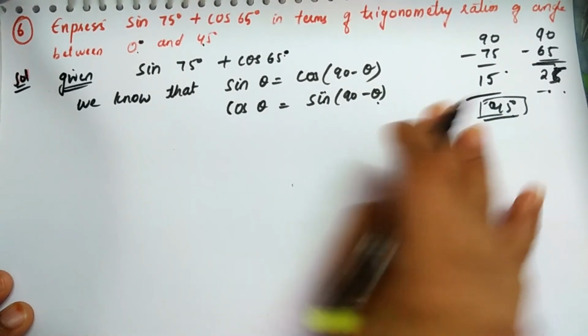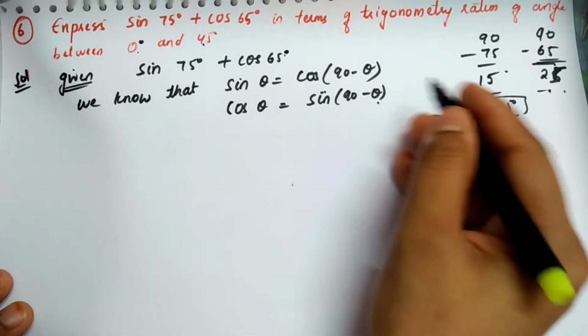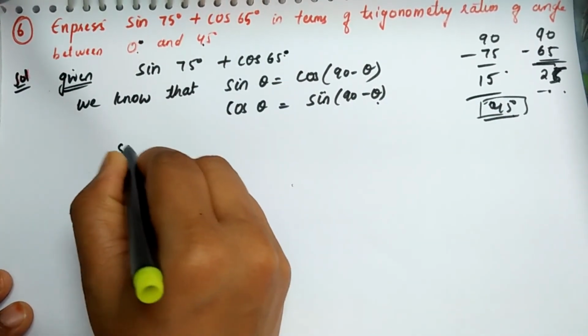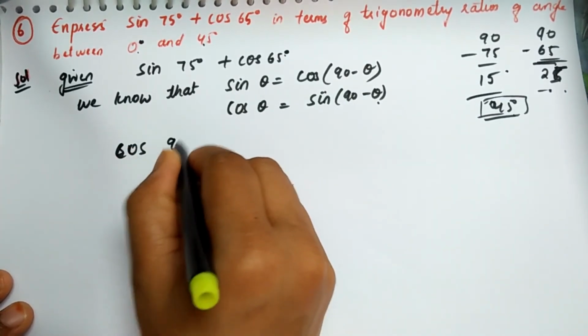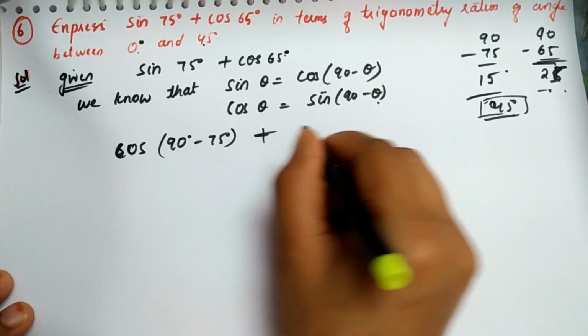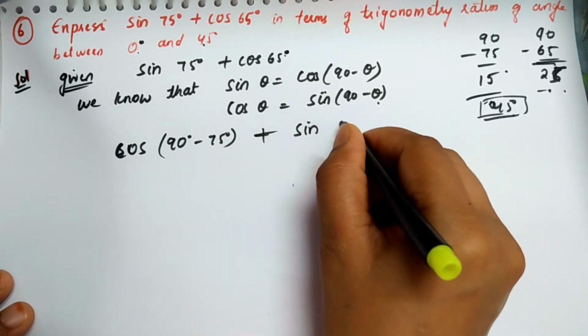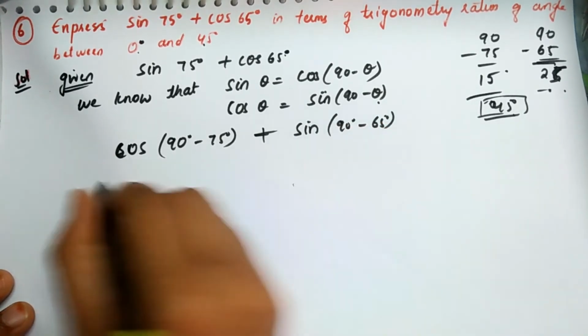So what are we doing? We are just replacing these values with the lesser angles. So sine 75 is nothing but cos of (90 degrees minus 75 degrees), plus cos 65 is sine of (90 degrees minus 65 degrees).